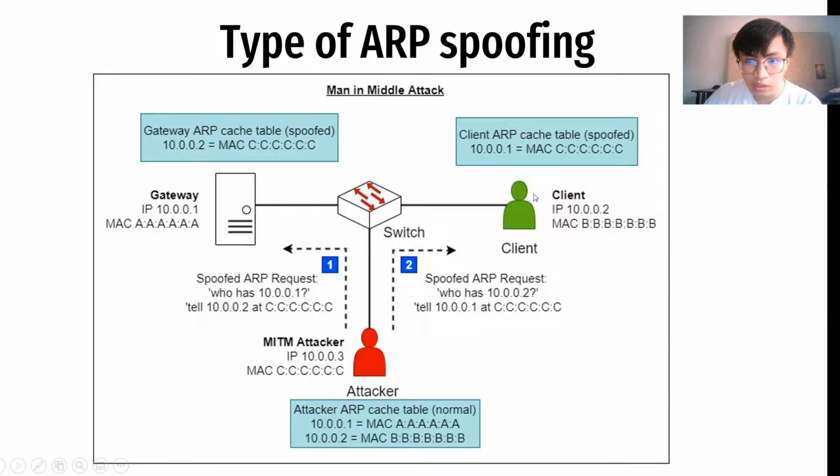So all the information they send will go to the attacker first, and then the attacker can get the message. The victim is usually not aware of this attack because there is no disruption in the network connections. The attacker is there to eavesdrop on the communications between the victims and the gateway.